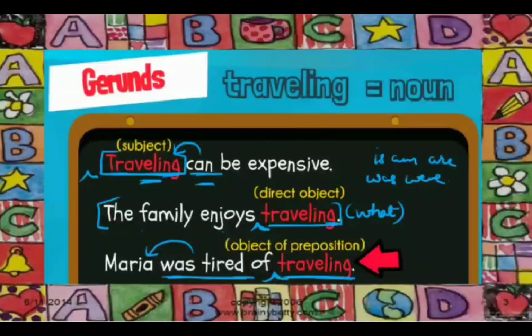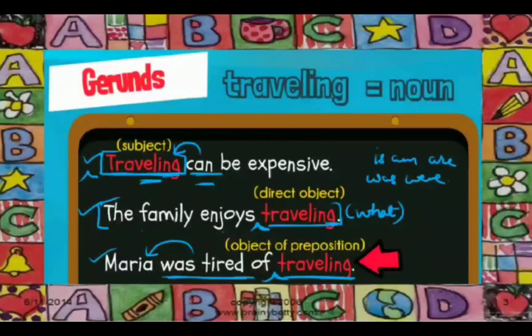Hence all of these sentences do not have a helping verb in front of the ing word. If there is no helping verb in front of an ing verb, the ing word is no longer a verb, it is a gerund.